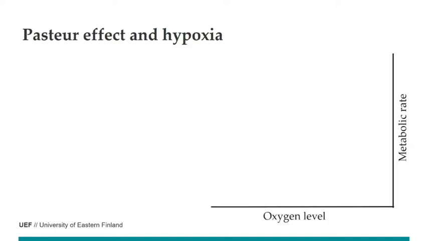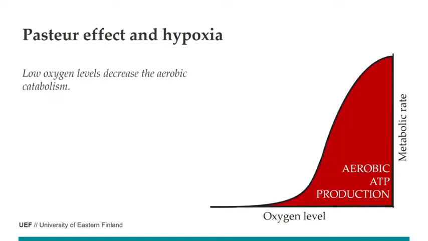So what can we do when we don't have oxygen? We have 2 different strategies. First of all, we have aerobic ATP production that is directly dependent on the oxygen level. We can upregulate it a little bit by having these oxygen stores, etc. But if we are dependent only on the aerobic ATP production, then the metabolic rate will decrease in hypoxic conditions until it will be 0 and we will die.